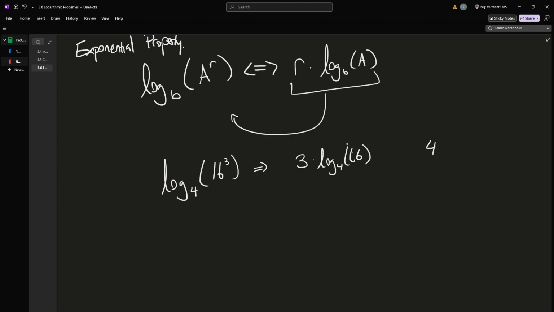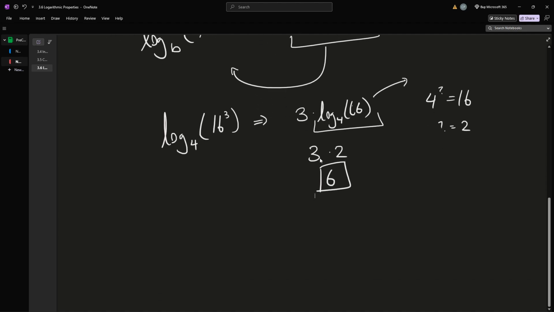Over here now, I want to solve for this. We could solve for it in our heads, but I still want to use our little example. So 4 to what power is 16? How many 4s multiplied to get 16? That is 2. 3 times 2 is 6. So log base 4 of 16 cubed is 6. And not the other way around.